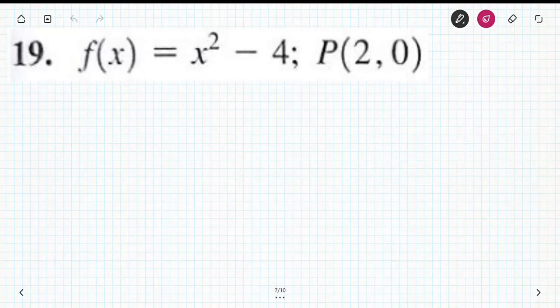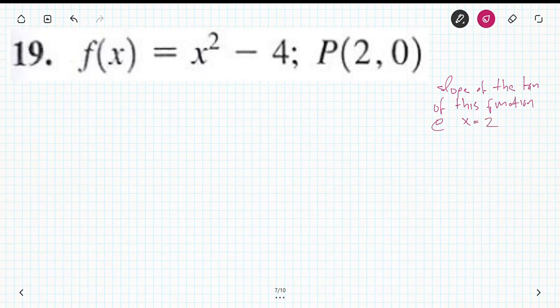And so we want to find the slope of the tangent of this function at x equals 2. Okay, and so we're given this point, x equals 2.